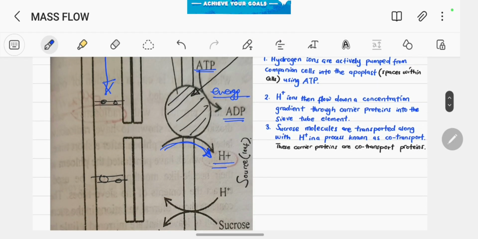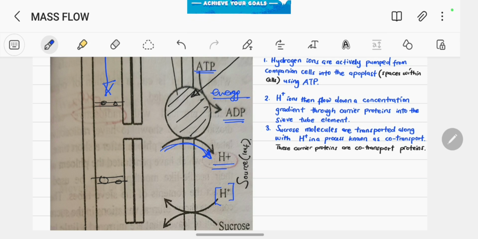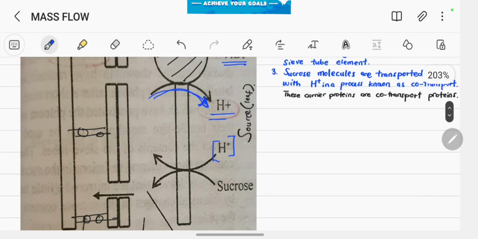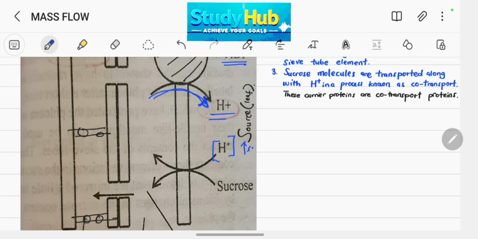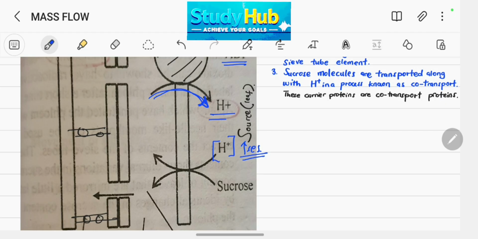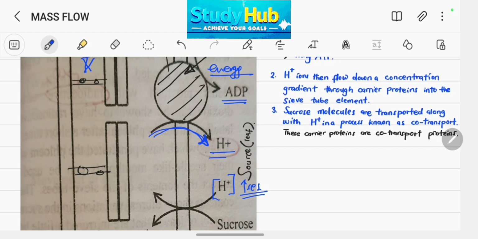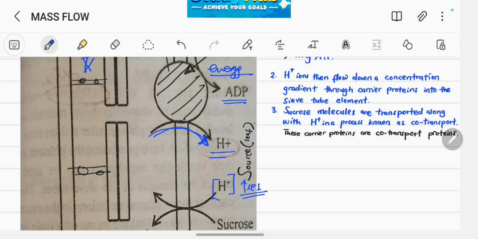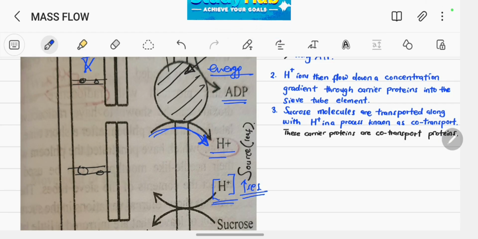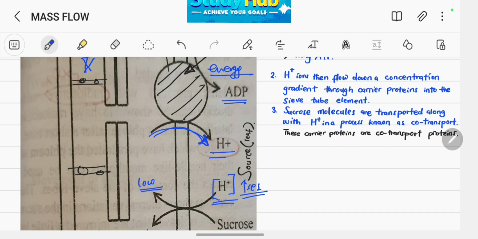Then the concentration of hydrogen ions is going to increase outside the companion cells. As the concentration increases, it's going to bring up a gradient in which the hydrogen concentration outside is high, and this side the hydrogen concentration is low.